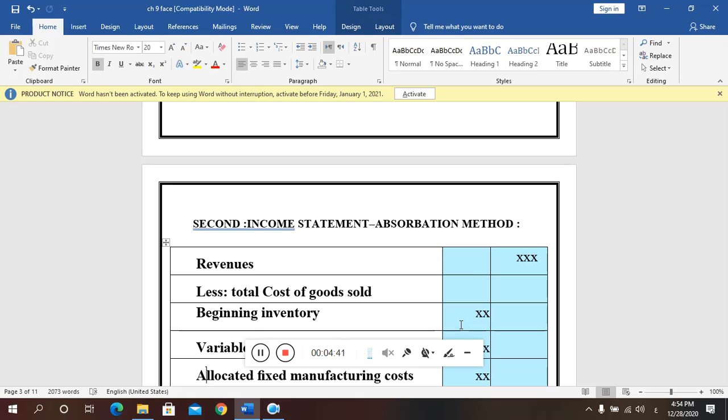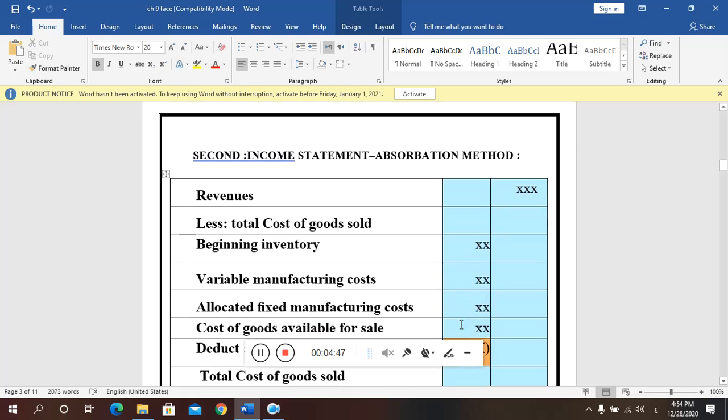Here we will calculate all costs, fixed and variable. And we said before how we calculate cost of goods sold: beginning inventory plus variable manufacturing costs plus allocated fixed manufacturing costs gives me cost of goods available for sale.